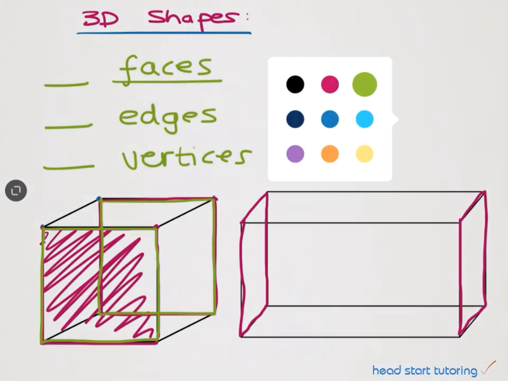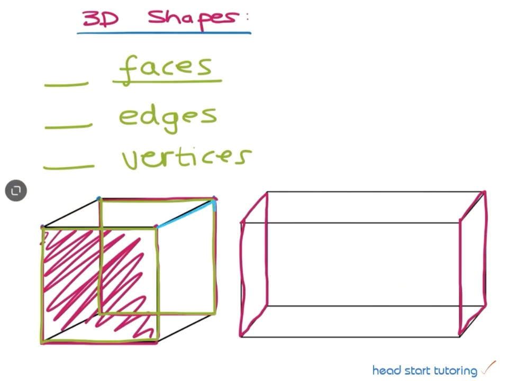We then have 2 side faces, one there and one there. So that makes up 4 faces. And then we have a top face and a bottom, oh, where's it there? There's our bottom face. And so that makes up 6 faces altogether. So our cube has 6 faces.